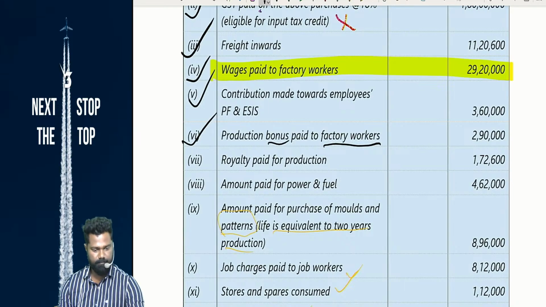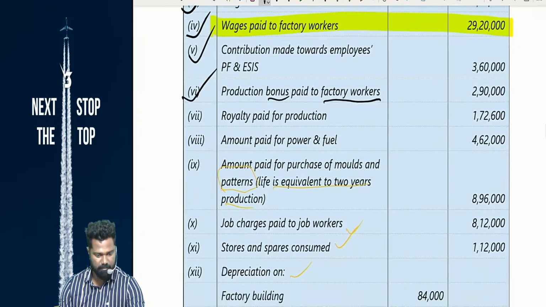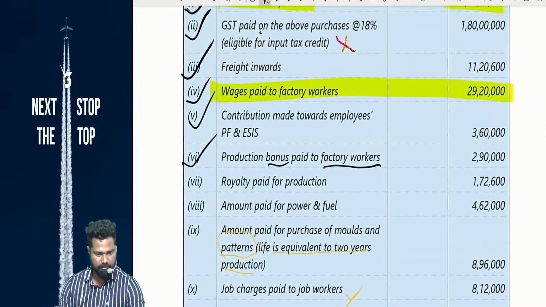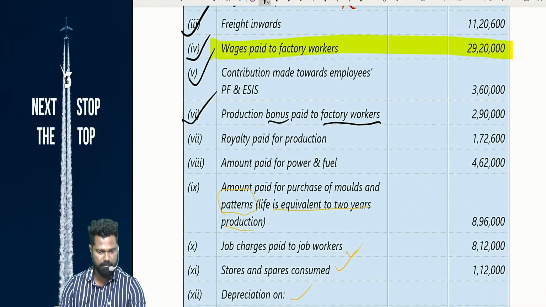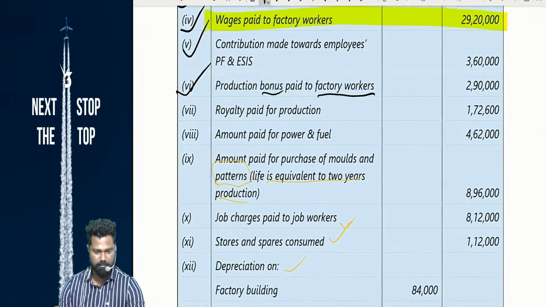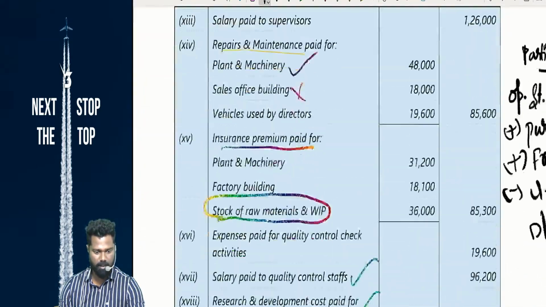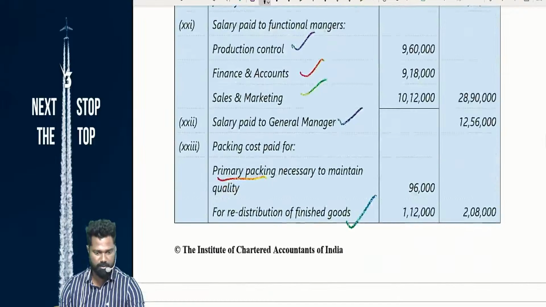Anything else? Please go through it. Any more items? No.